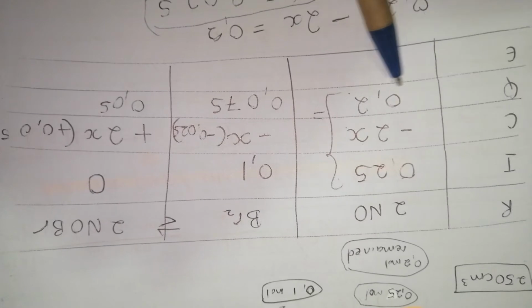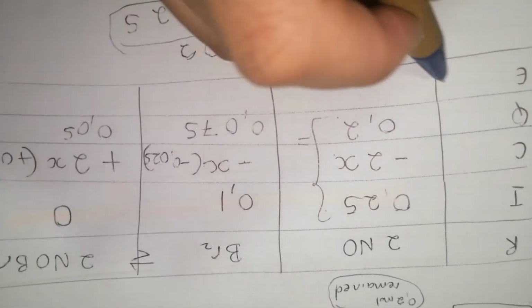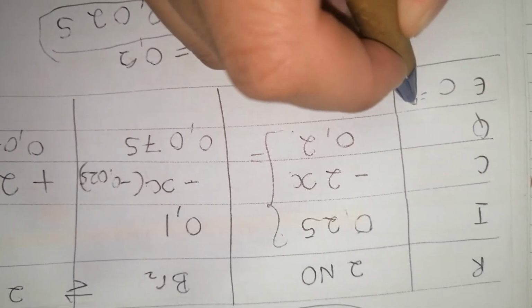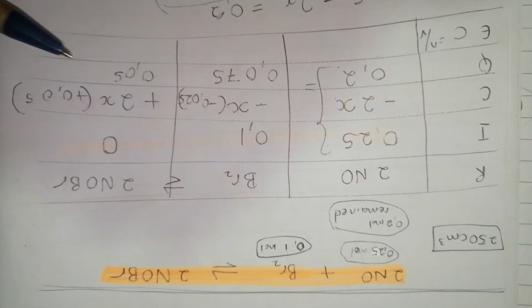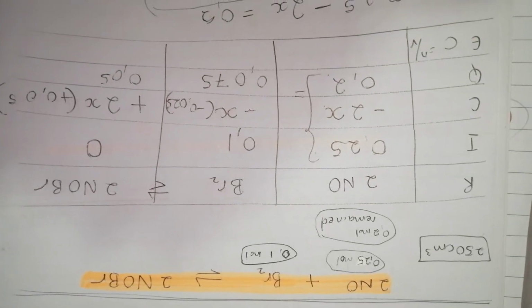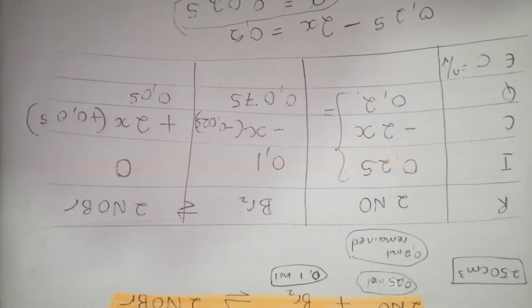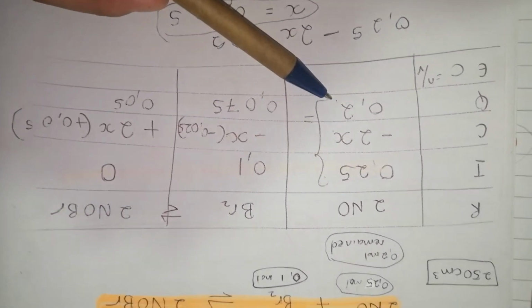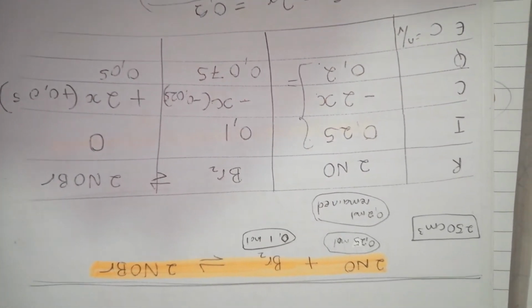So you have all of the moles at equilibrium. And now to get the concentration at equilibrium, we are just going to use the formula C equals n over V. We're going to take all of these moles divided by the volume, and this will give you the equilibrium concentration. So let's start with NO. You have 0.2 moles and the volume they gave us is 250 centimeter cubed.